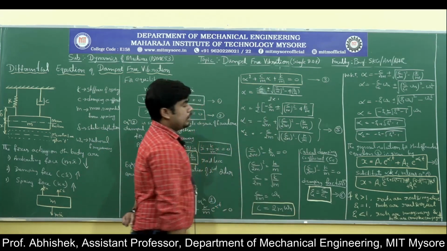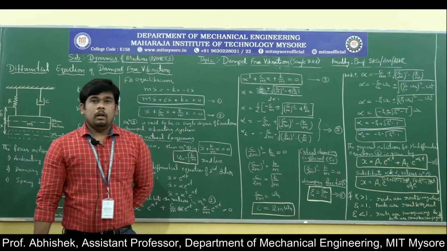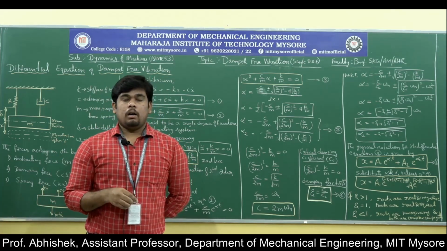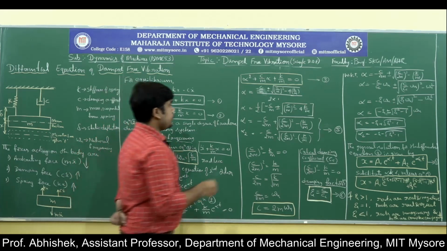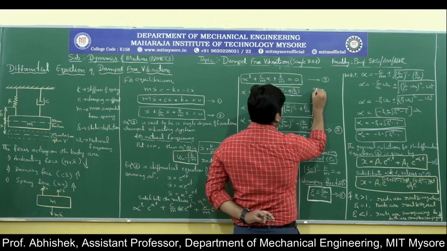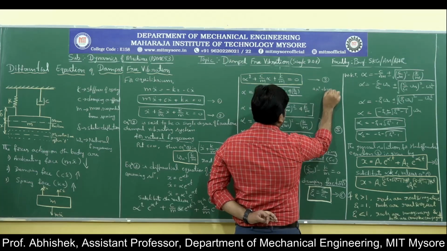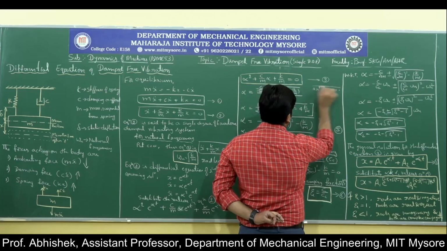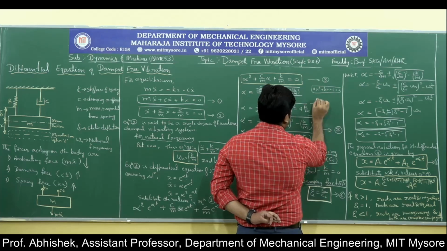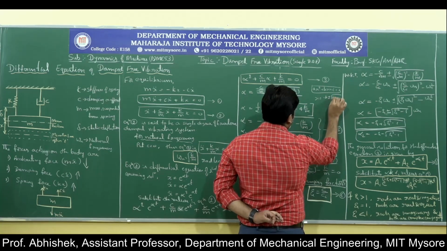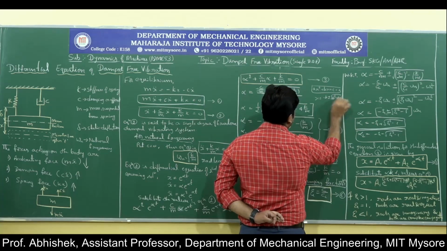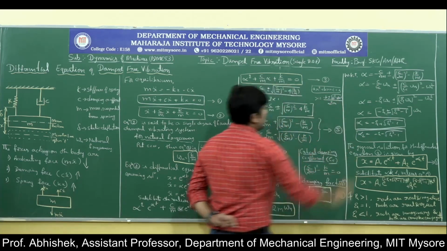Now just see this condition. It is one of the standard formulas in your mathematics, that is ax square plus bx plus c equal to 0, and for this you have the formula x equal to minus b plus or minus square root of b square minus 4ac, divided by 2a.